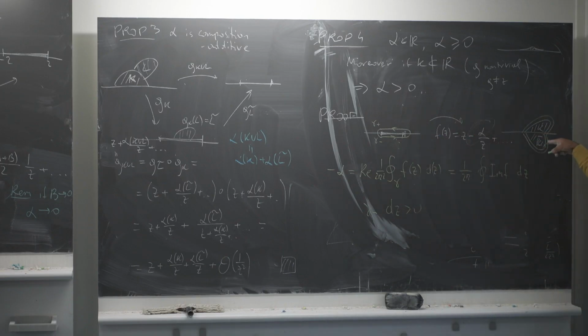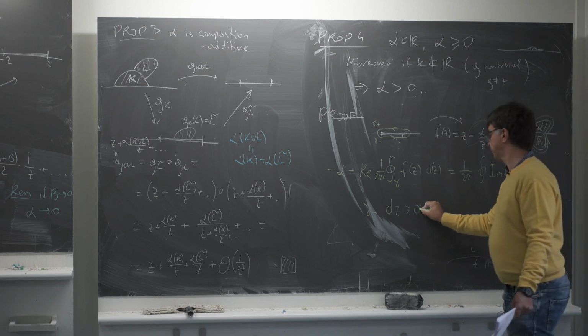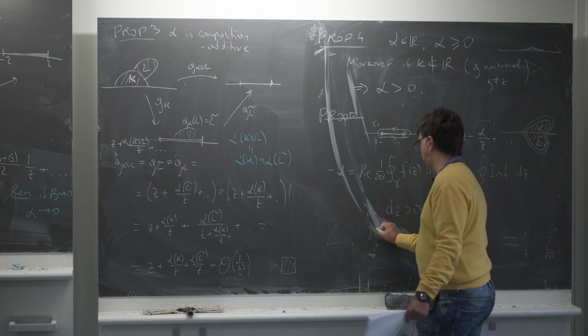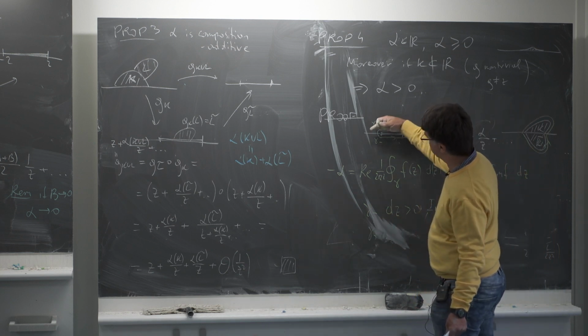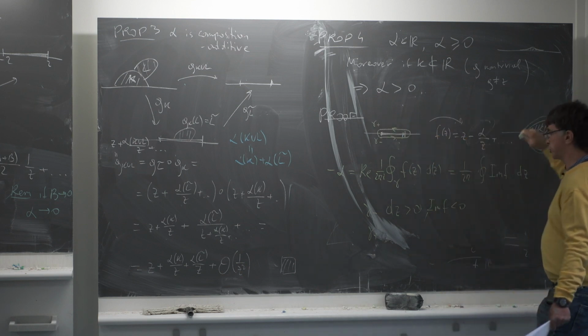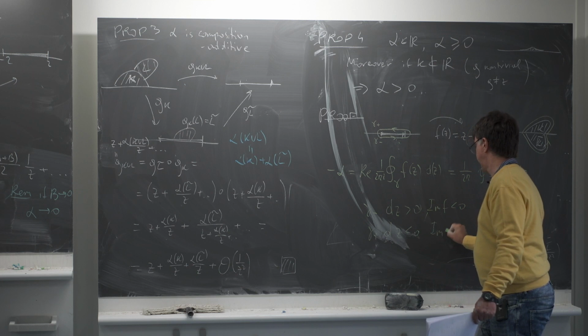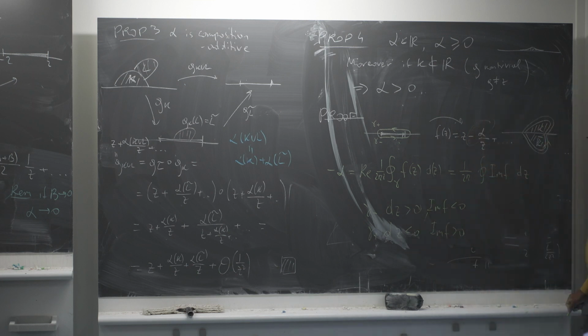But the imaginary part of f is negative because I'm in the lower part. And on gamma plus, it's the other way around. dz is negative, the imaginary part of f is positive. So when I take the product, positive times negative or negative times positive, I get something negative.